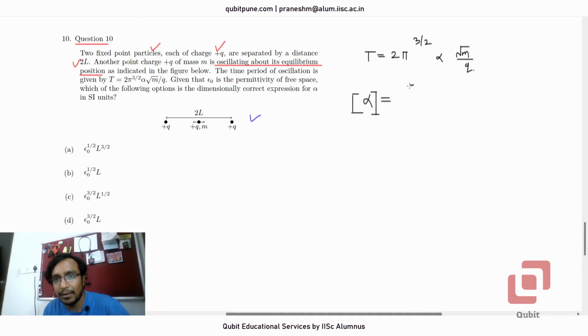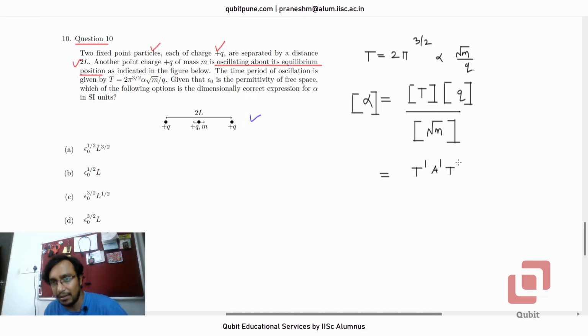Dimensions of alpha: dimensions of time, dimensions of charge, upon dimensions of root m. Charge is not a fundamental quantity, right? Current is the fundamental quantity, which is the rate of flow of charge, so we must multiply it by time.